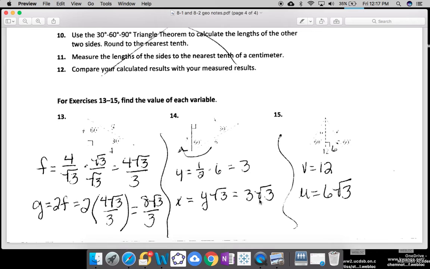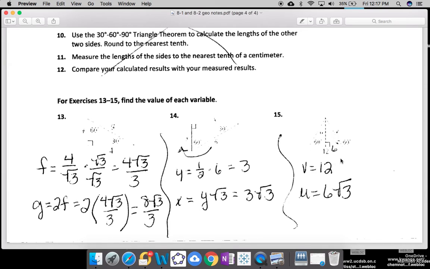And finally, number 15, right here is my 60, 30 right triangle. This variable on the right side is a v. The altitude is the variable u. And we've replicated this triangle over here, so this triangle right here has a 60-degree angle here.